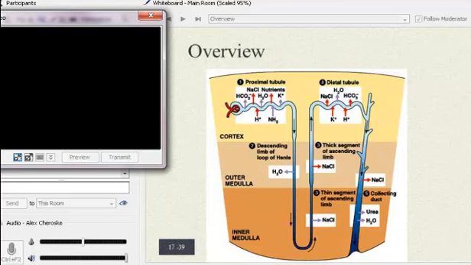That's the importance of the loop: it helps us get that water back, and it helps to create a concentration gradient that we can use in the last segments to reabsorb more water, like I said, under the influence of antidiuretic hormone.